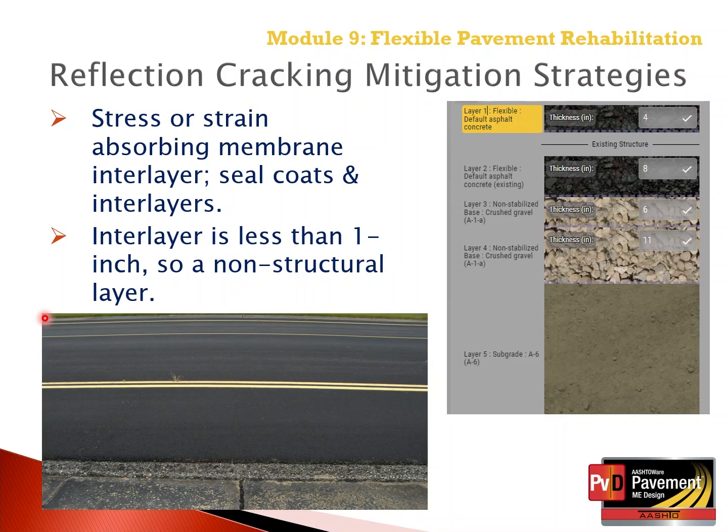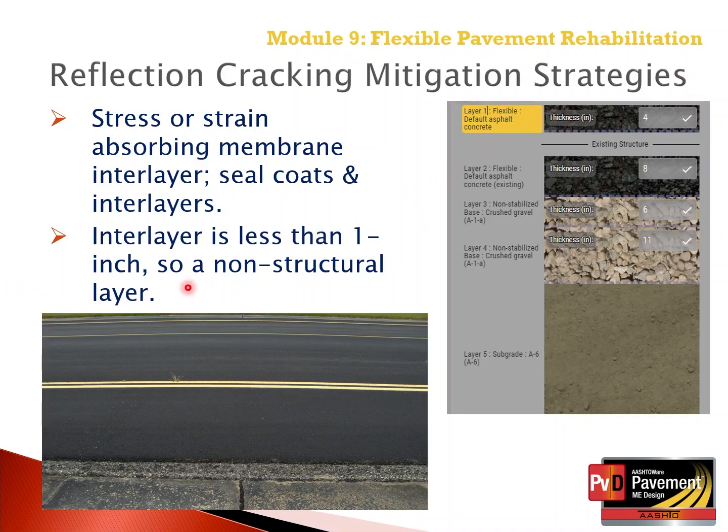So the stress or strain absorbing membrane interlayer, seal coats and other engineered interlayers. The interlayer is typically less than an inch as assumed in the Pavement ME design software. So it is a non-structural layer. And so that non-structural layer would be included as part of the overlay thickness.